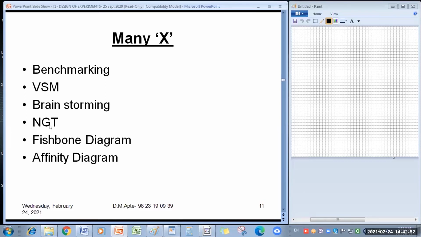Now, I believe you must be using these tools, either one among them or all of them. I am going to give you a brief on these tools. I presume some of you may not know these tools, so I will tell you in brief, not in detail.